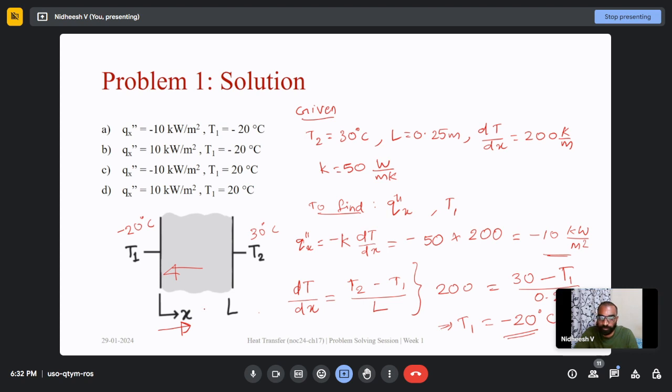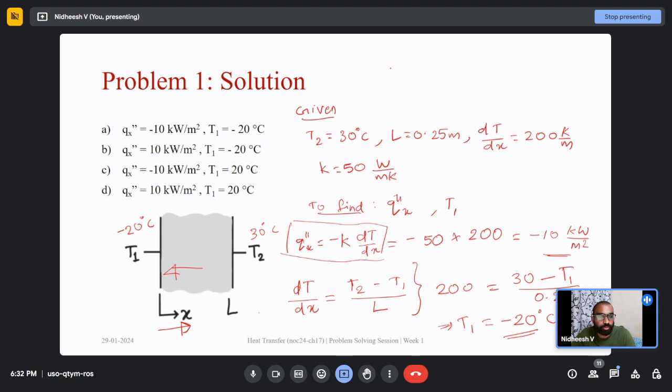Sir, can we solve for T1 using this Fourier equation also? Just put the value dt by dx equal to T2 minus T1 upon L. Yes, it is the same. I will write this equation again here.